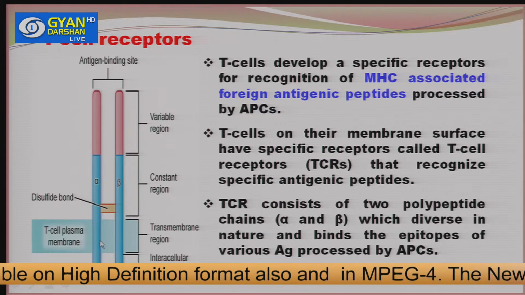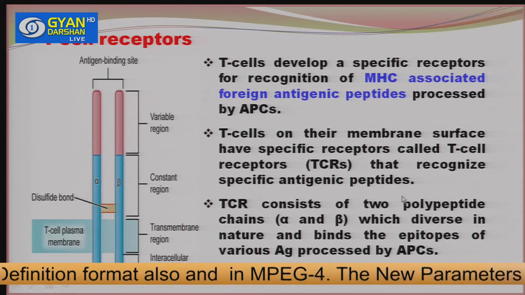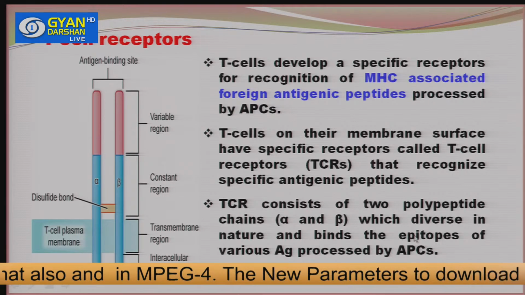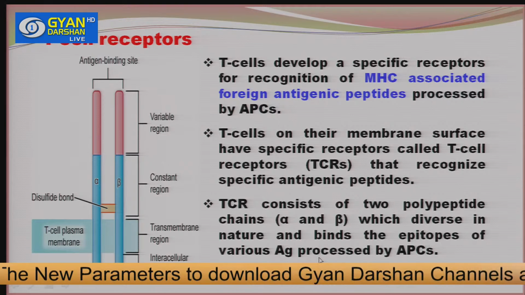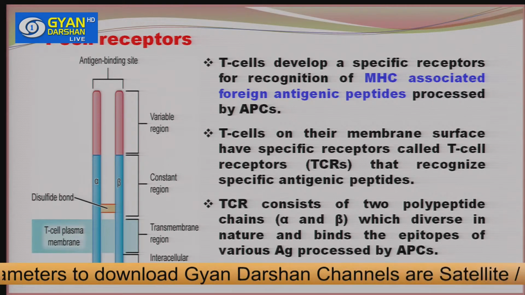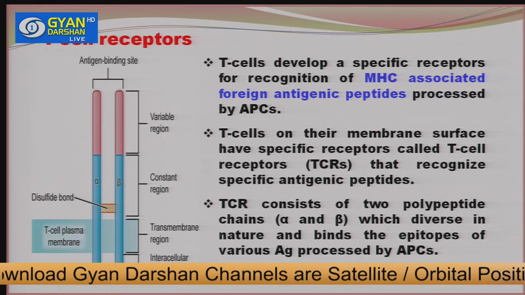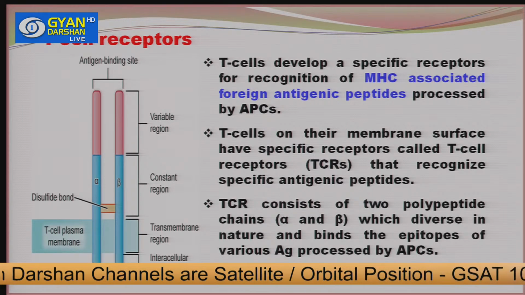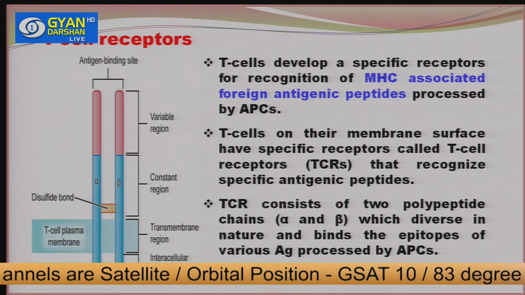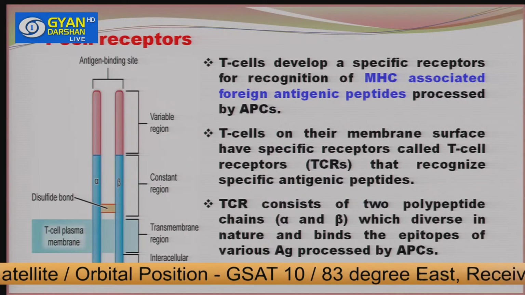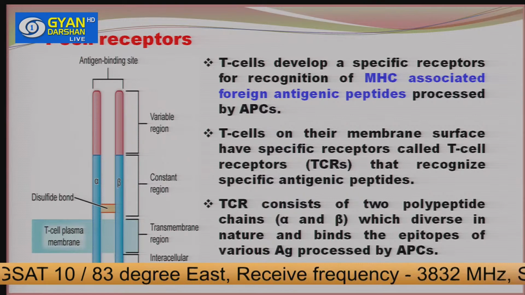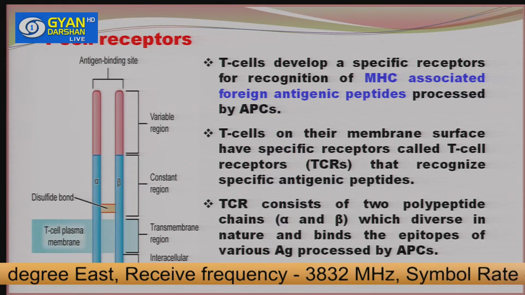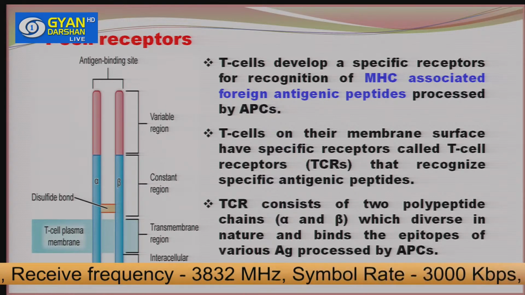One polypeptide chain is alpha and the second is beta, which diverge in nature and bind to the epitope of the various antigens processed by the APC, the antigen presenting cells. So the T cell receptors present on the T cells are involved in binding with the antigenic peptides associated with the MHC molecules.